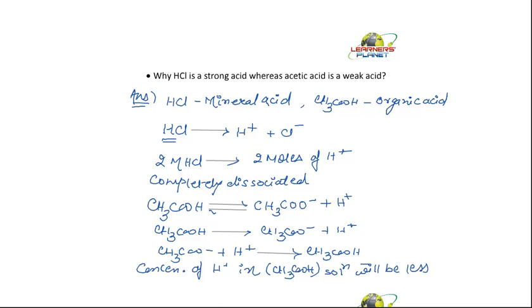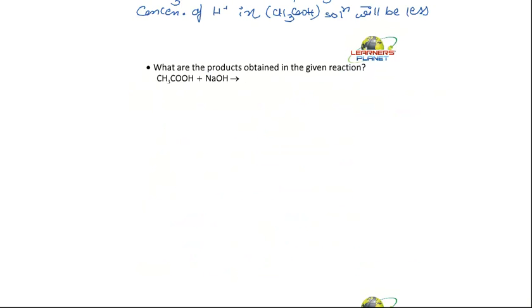So what will be the answer of this question, students? HCl undergoes complete dissociation, right, whereas acetic acid undergoes partial ionization or dissociation. That is why the concentration of H plus in HCl is very high, whereas in acetic acid it is very less. Understood? Now let's take up our next question.